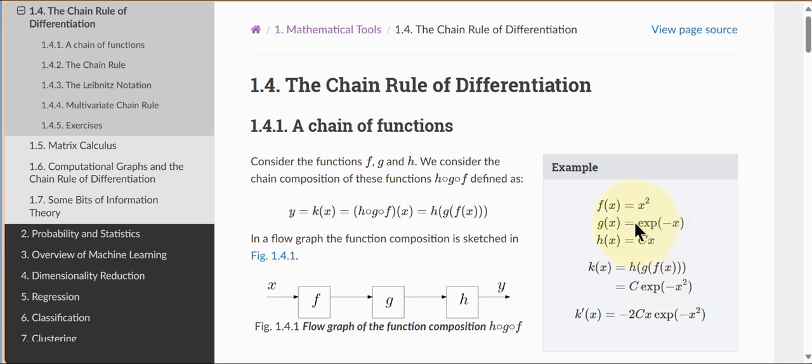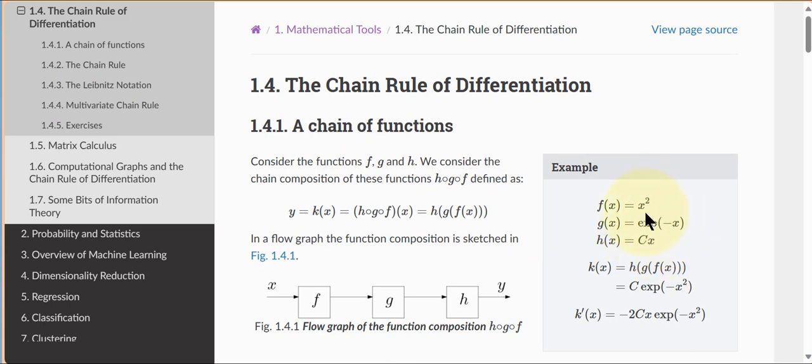So why do they do it this way? Because it's easier to type. If you have to put a superscript, that's more work when you're typing. You can just type exp bracket minus x close bracket. You don't have to do some superscript. But it's the same thing. It's e to the minus x.